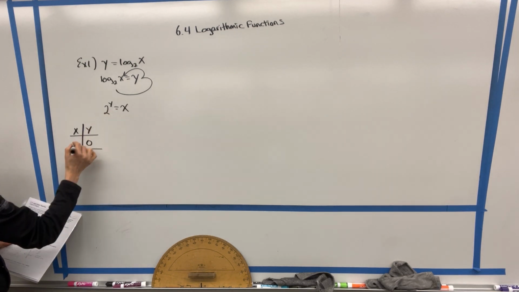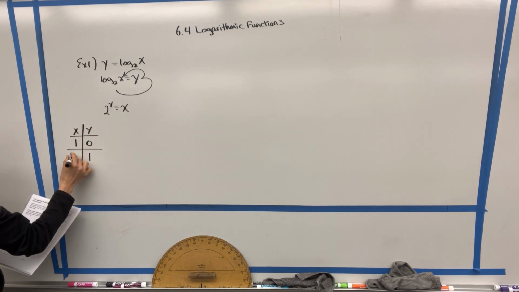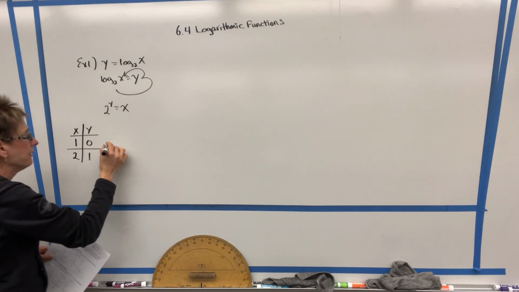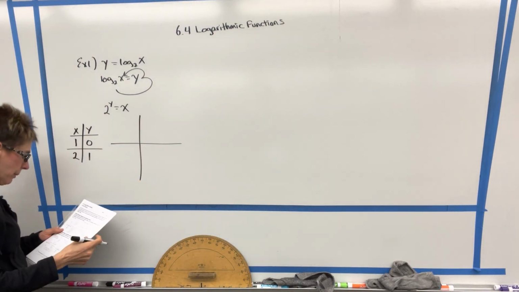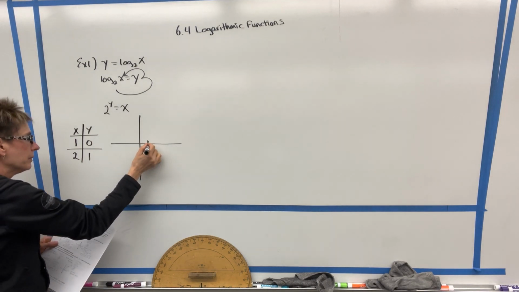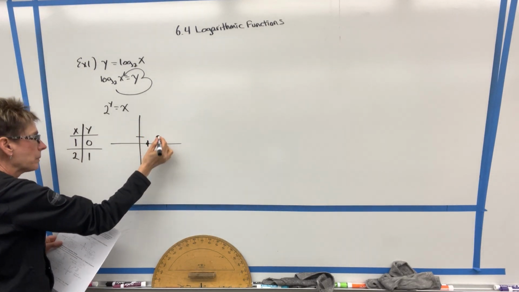When y is 0, x is going to be 1. And when y is 1, x is going to be 2. So then I can easily graph these points. I want to go 1 over and 0 up, and then 2 over and 1 up.